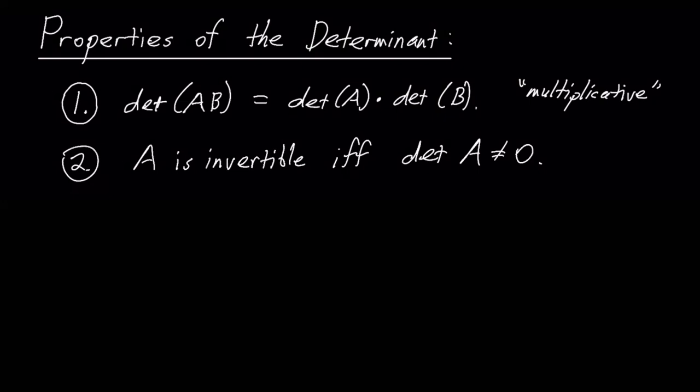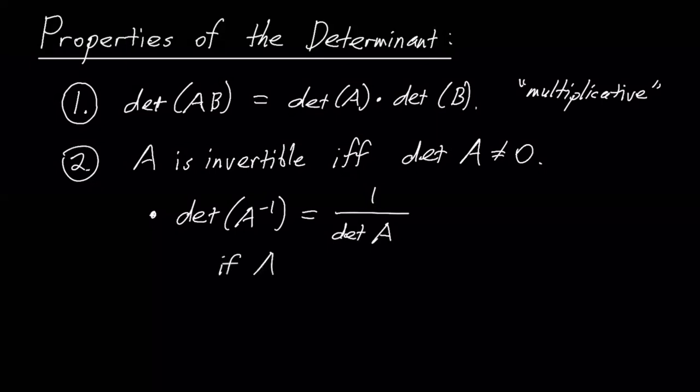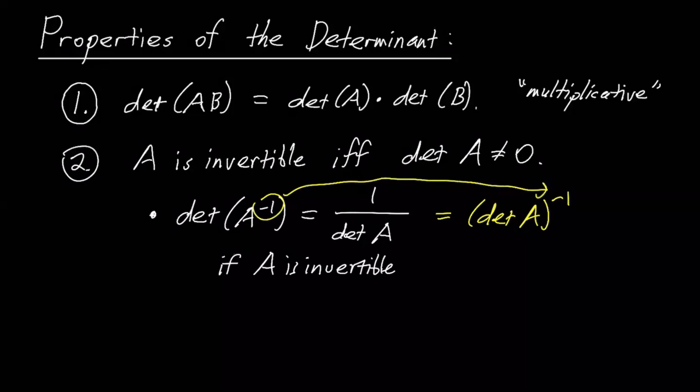And as an auxiliary point here, it turns out that this actually follows from 1 very quickly, that the determinant of A inverse, if A is invertible, is 1 over the determinant of A. Which, by the way, if you just want to be a little goofy about it, we could write as the determinant of A to the minus 1, so you're just moving the minus sign outside some parentheses or something.